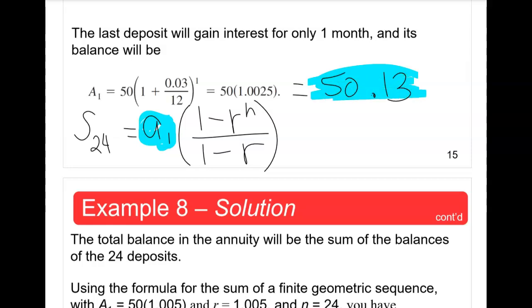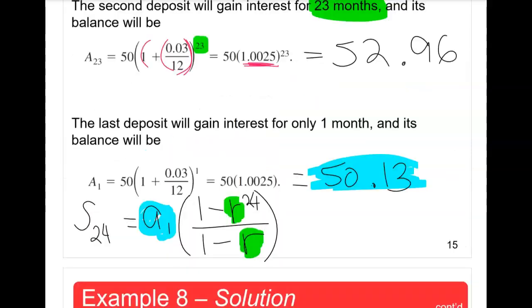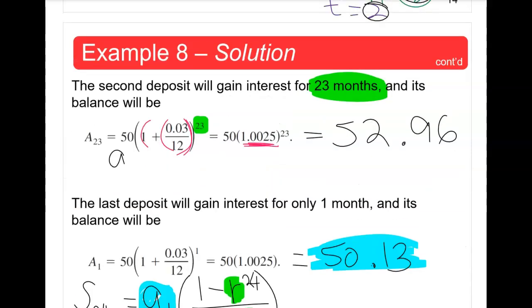And the other thing that we need is r. And so for us to find r, and I should put up 24 here for the exponent. For us to find r, remember it was to find, for example, a sub 2 divided by a sub 1. But this is also true for all consecutive terms. So a sub 24 over a sub 23, that is how we will find our common ratio.